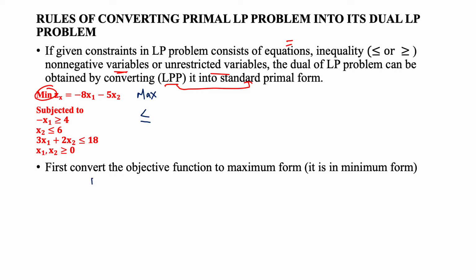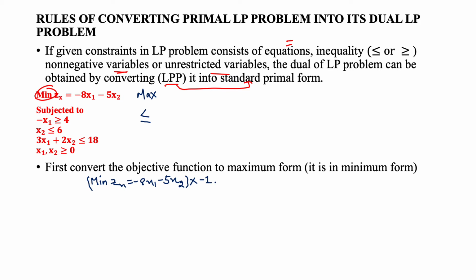Here I am converting my objective function, which is minimize Zx = -8x1 - 5x2, into maximization by multiplying it with -1.